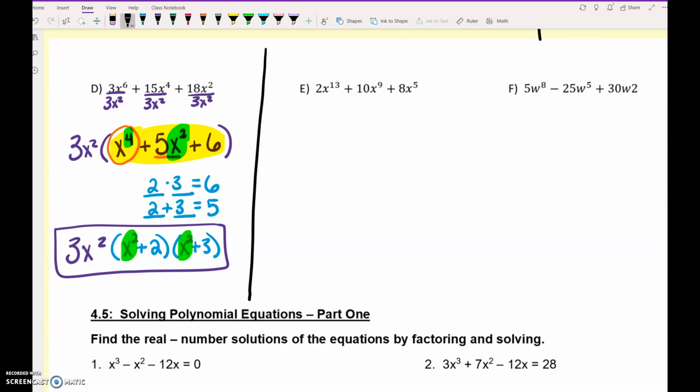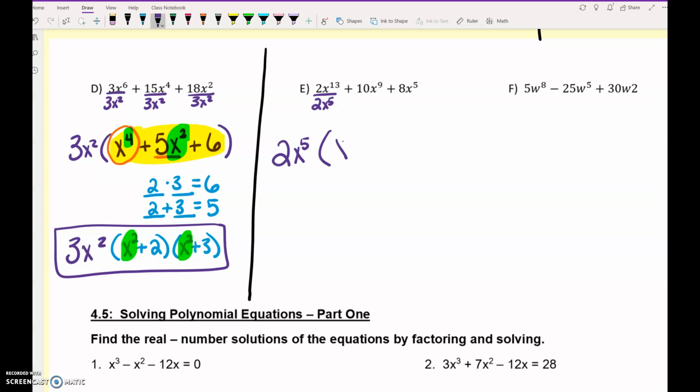First of all, greatest common factor, and this one's kind of funky looking. 2. 2, anything else? Yeah, x cubed. X to the 5th. Oh yeah, I get it. So x to the 13th divided by x to the 5th. You've got 13 on top, 5 on the bottom, so you're taking 5 away from the 13.